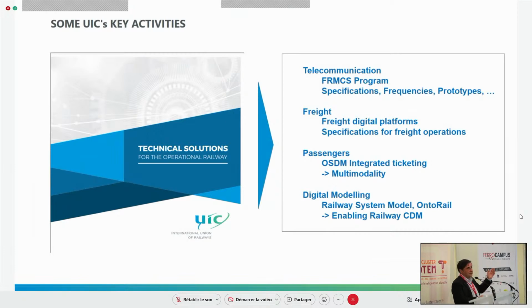The first one, we spoke about it, the FRMCS program, a large program for replacement of GSM-R, but moreover, enabling the new things of automation in traffic management, in control, in remote surveillance, a lot of things in video applications that will come on board in the near future. Even you cannot imagine what will be the usage of 5G and after the next one. When you give an enabler on a technology on a market, you have some objective, you develop something, and after, users are inventing new concepts.